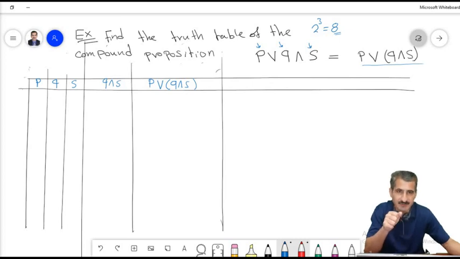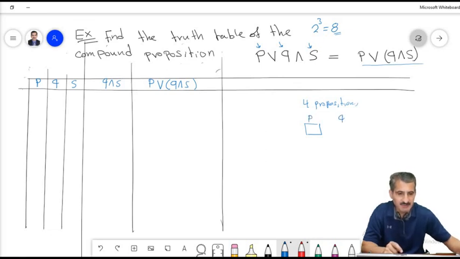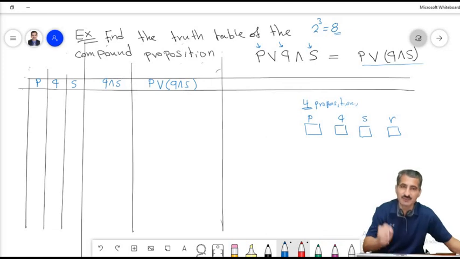If I want to explain that here, let's assume we have four propositions. Say they are P, Q, S, and R. Each one of these four propositions will take two values, either true or false.